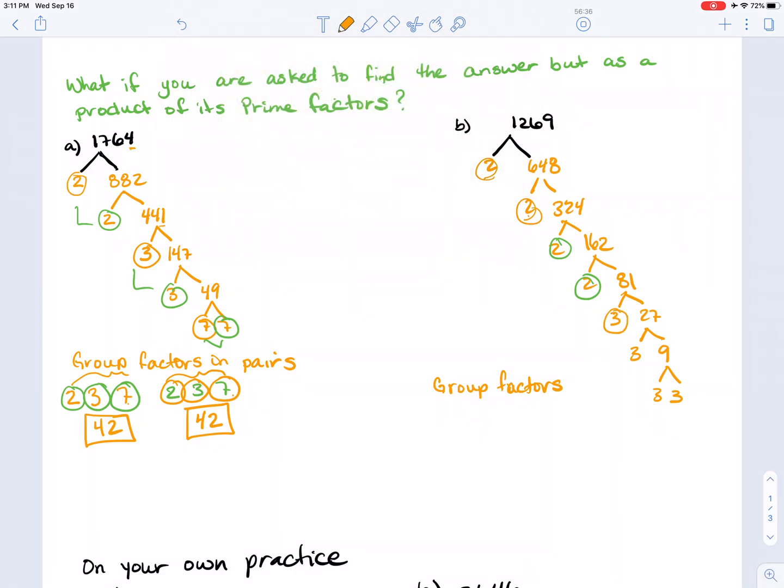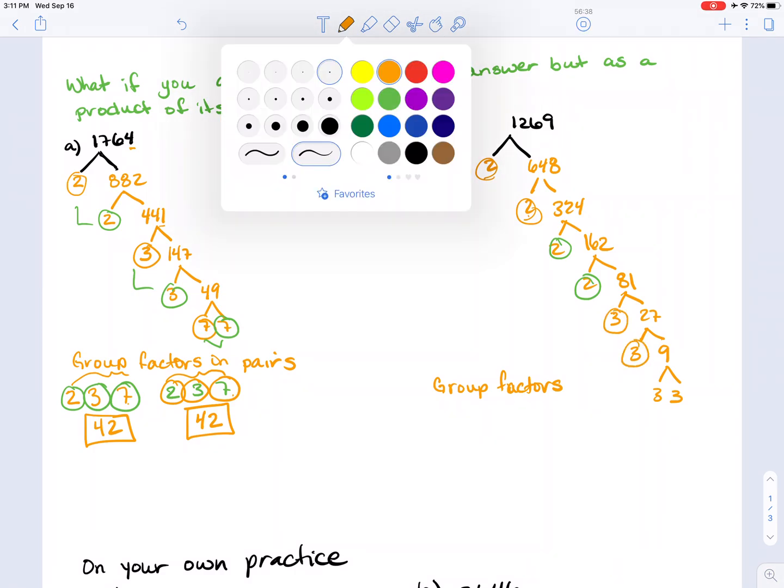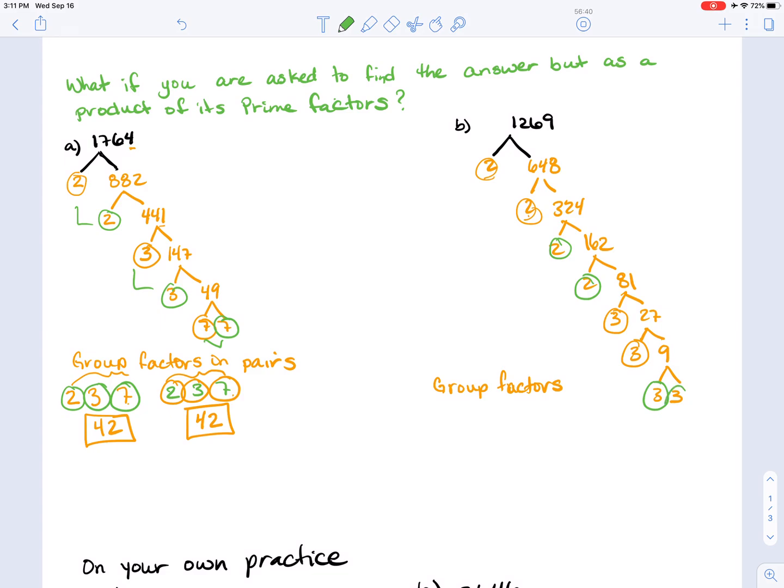And I have 1, 2, 3, and 4. So I'm just going to group them this way. So I will have my 2 times 2, so that's 2 squared. And I have 3 times 3, or 3 squared. So that's my first grouping.